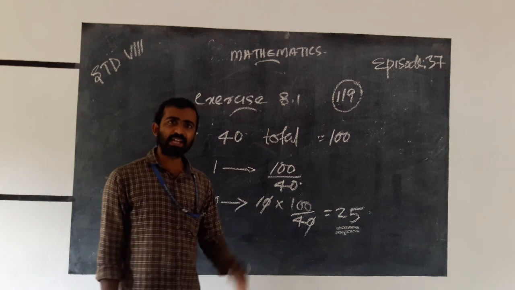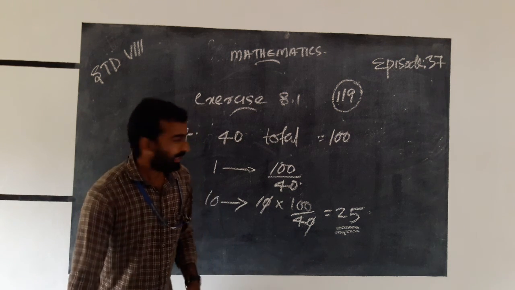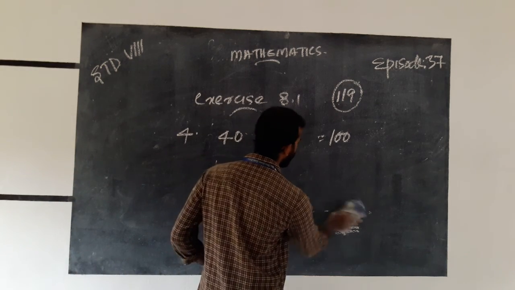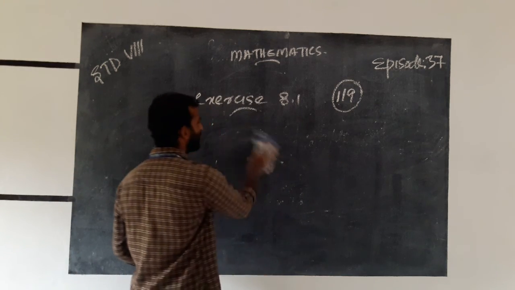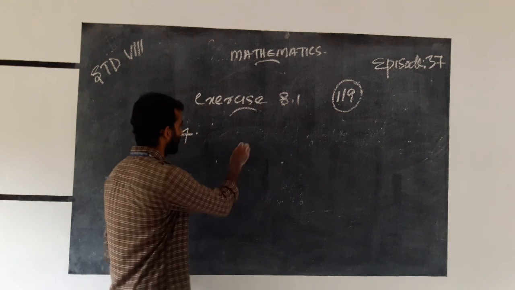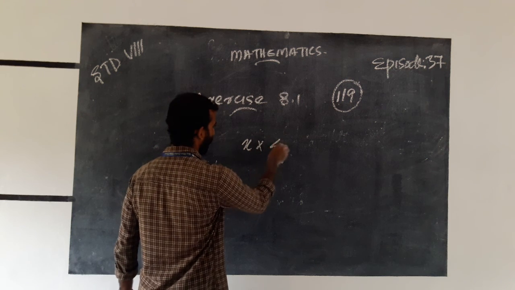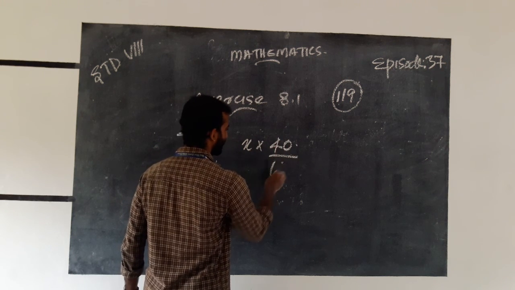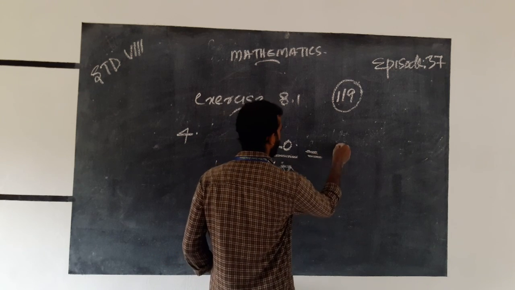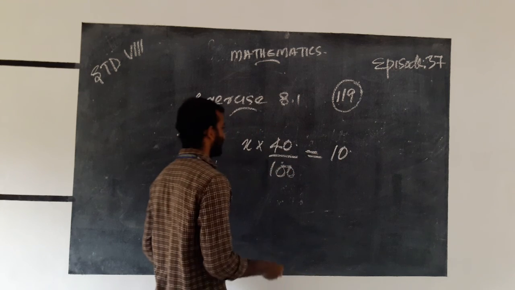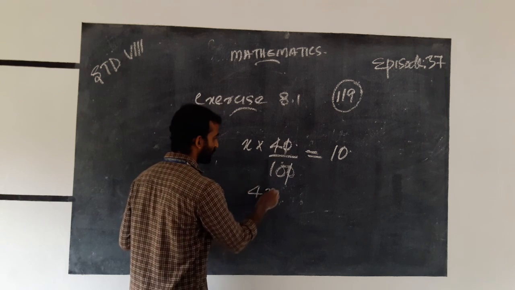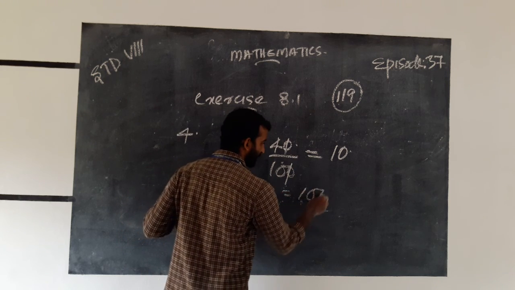Or otherwise, we can find it this way. Let x be the total number of matches. Then 40% of x is 10. So x into 40 by 100 equals 10. Here we can cancel, so 4x equals 100.